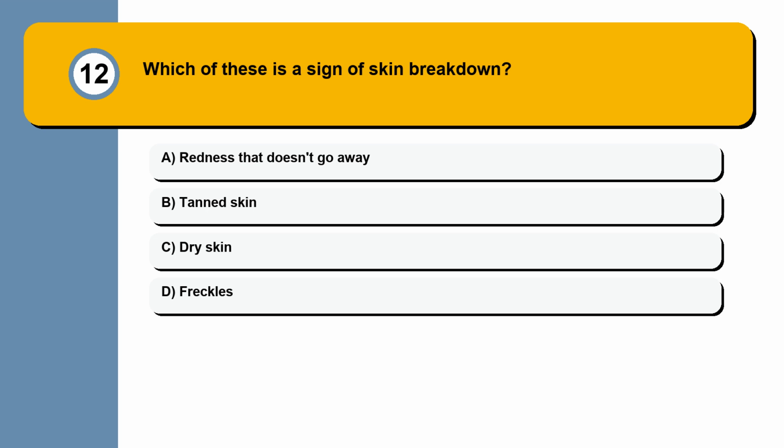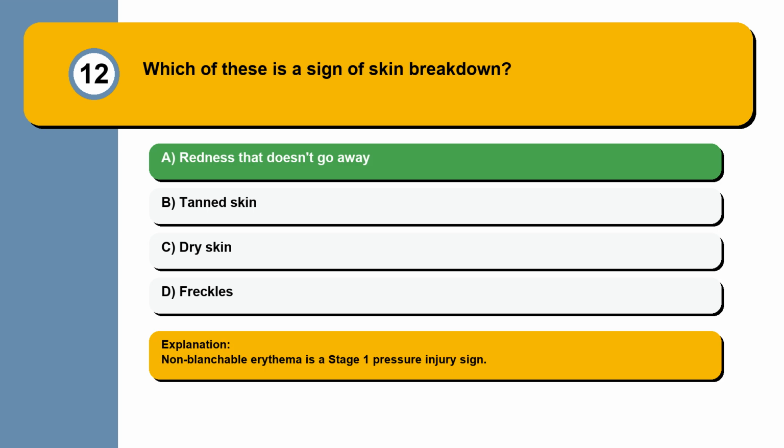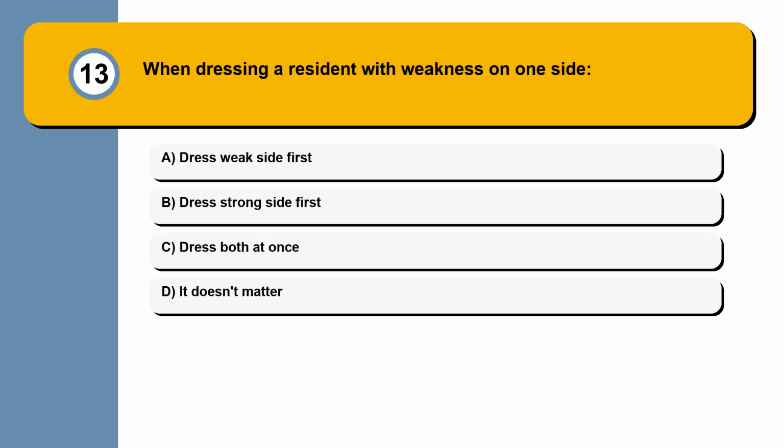Question 12. Which of these is a sign of skin breakdown? Redness that doesn't go away, tan skin, dry skin, freckles. Non-blanchable erythema is a stage 1 pressure injury sign. Question 13. When dressing a resident with weakness on one side, dress weak side first. Dress strong side first.